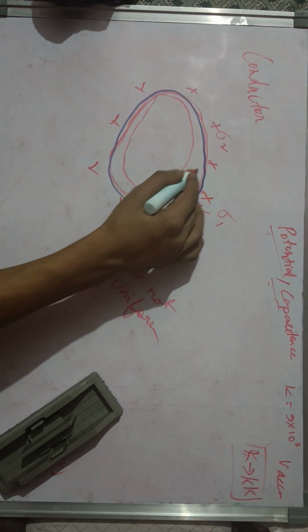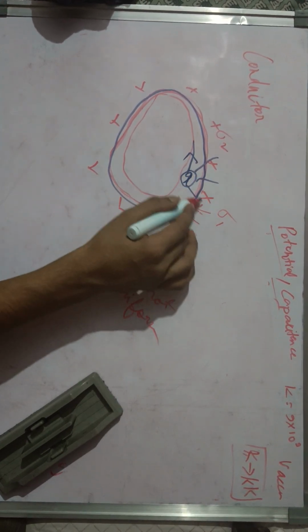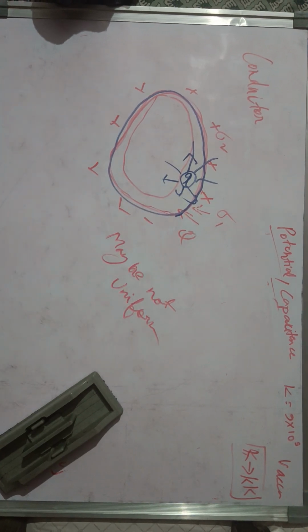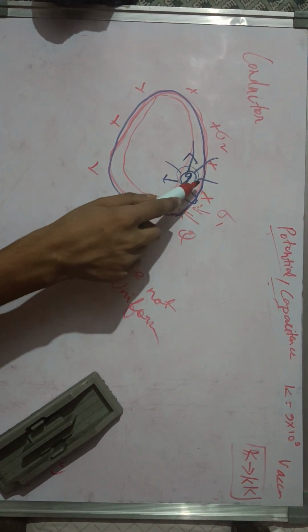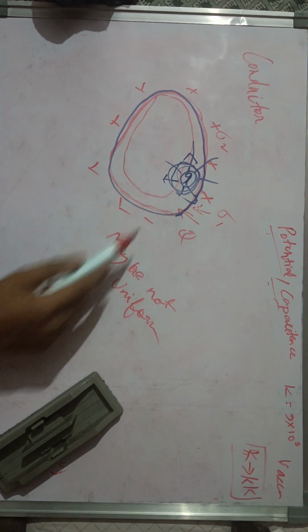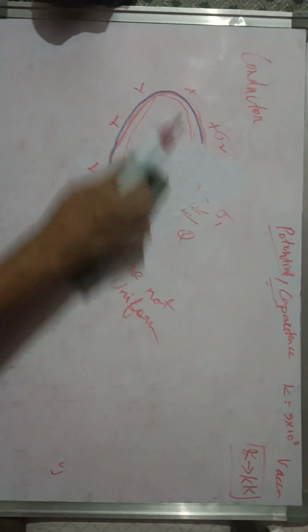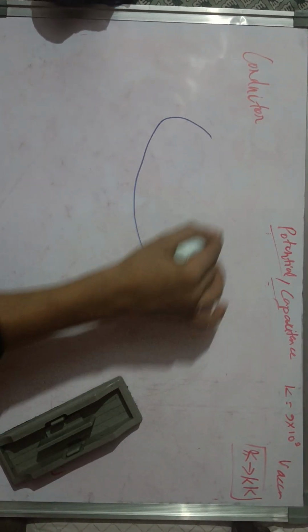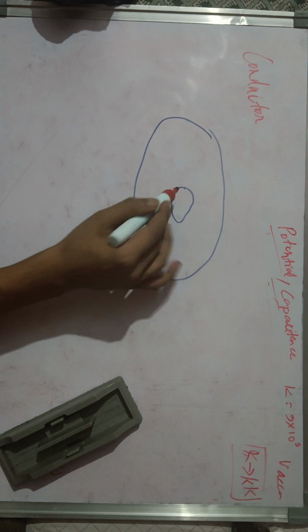there would be some electric field due to this charge. If there is some net charge, then there would be some net flux coming out of a cavity we draw here. Okay, let's just draw it. This is a conductor, this is a cavity.